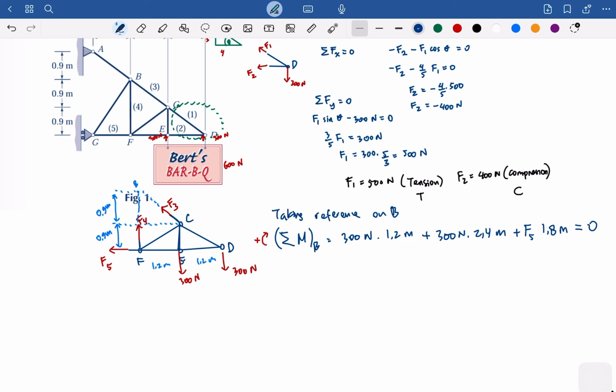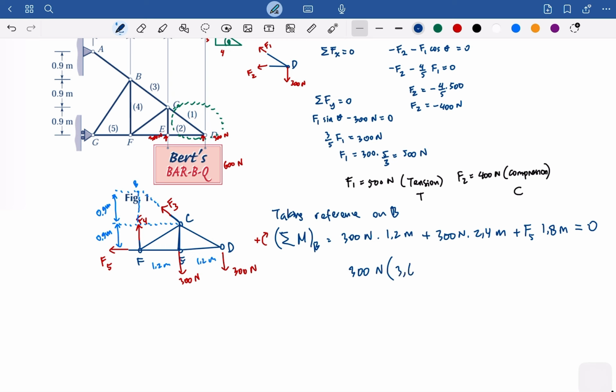Okay, because we're still in statics, it's 0. And then we calculate. So 300 times 1.2 plus 300 times 2.4 gives 1080 newton-meters.